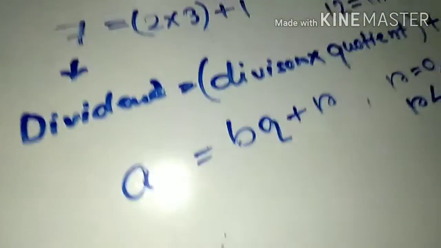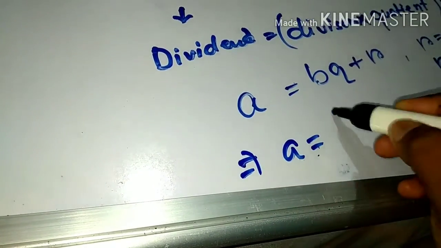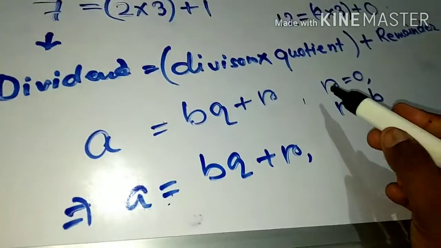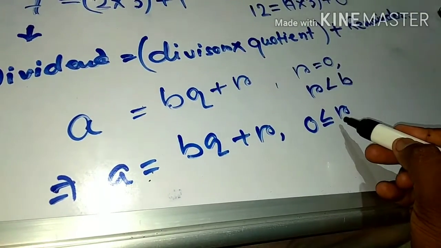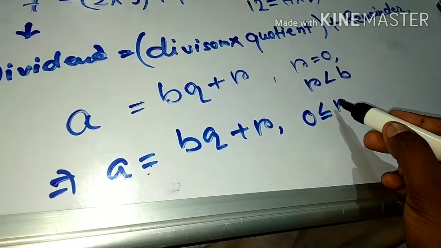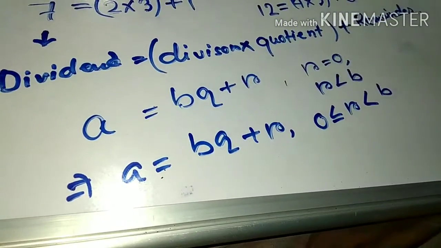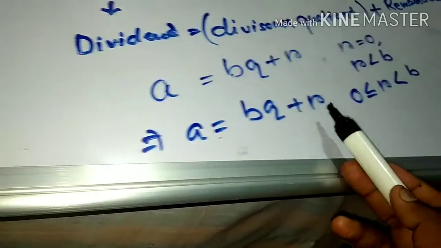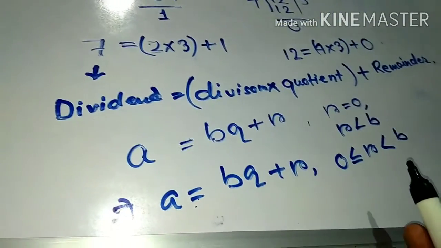So if I summarize, a is equal to bq plus r, where 0 less than or equal to r less than b. It means the remainder is 0 or greater than 0 and should not exceed our divisor.